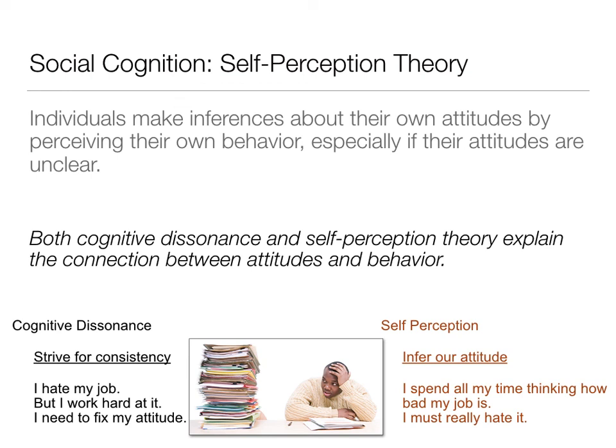I spend all my time thinking about how bad my job is. That is the behavior, right? So I must really hate my job. That's the inference to that attitude based on our behavior. So both of these really show us how our thoughts and our behavior are linked. And again, we're going to talk about social behavior as well. Thanks.